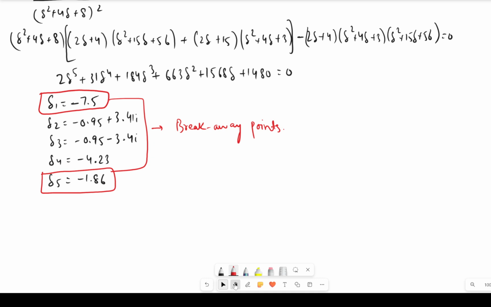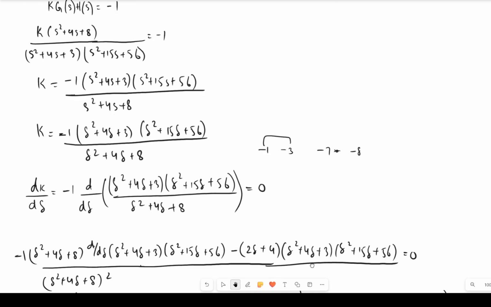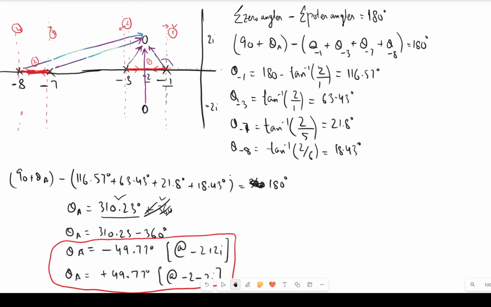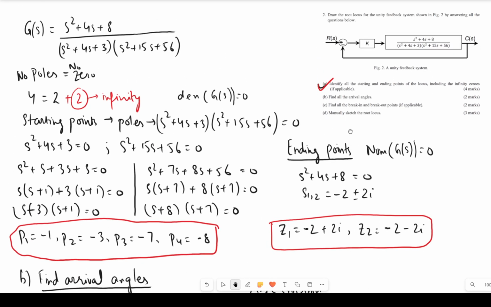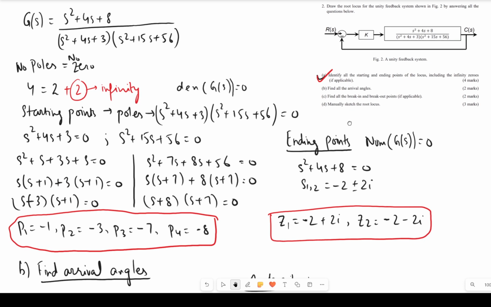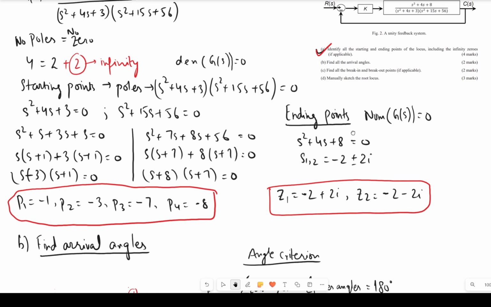That's it. Now we go back to the question. We have solved three parts already. The last part is to manually sketch the root locus. Now we obtained the arrival angles, and we obtained the break-in and break-out. We know that there is no break-in, so we obtained the break-out. Now we need to manually sketch the root locus.